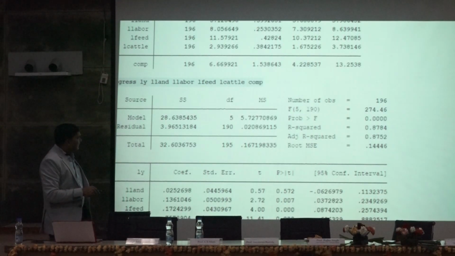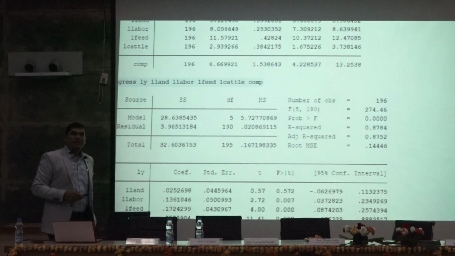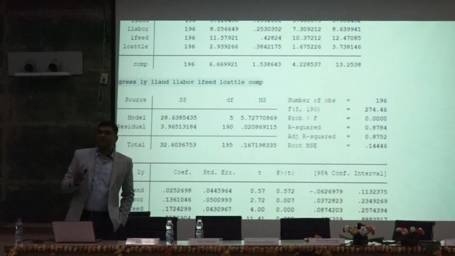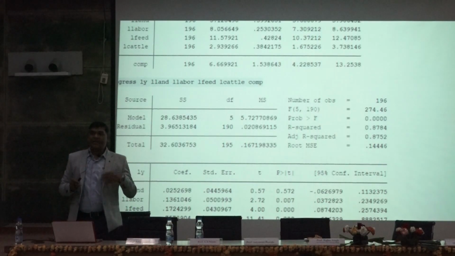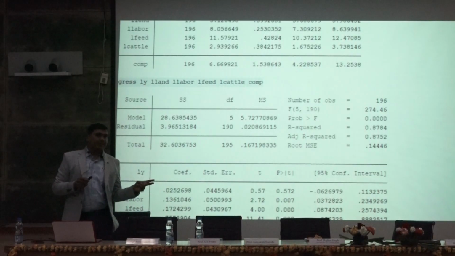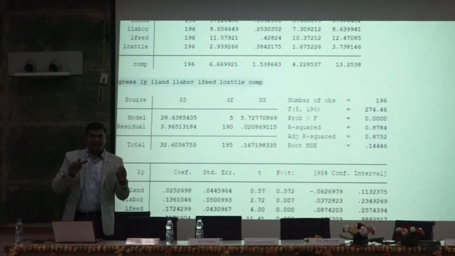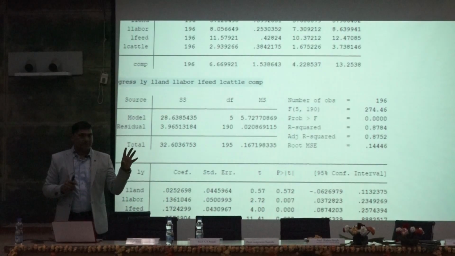Okay. So next is this R square. Is this R square the correlation? No, R square is not correlation. R square is the coefficient of determination, or you can say the variation explained by independent variables. Independent variables means how much variation is explained by these selected independent variables in the dependent variable.